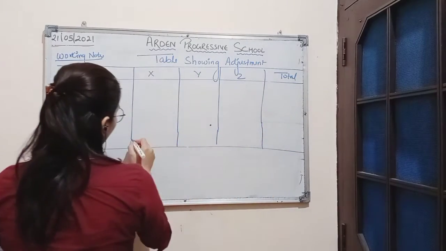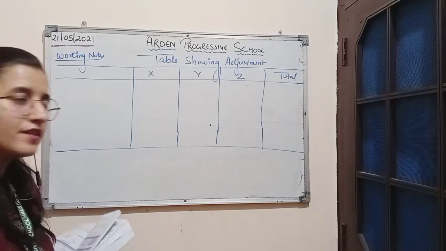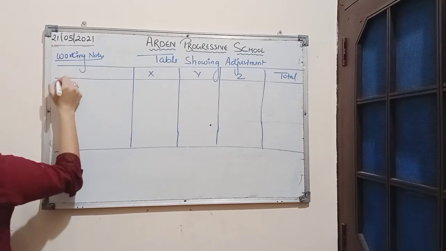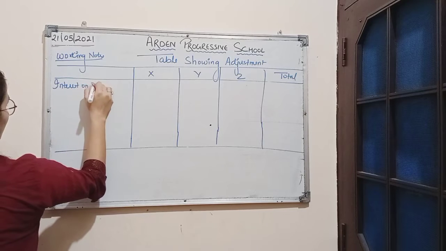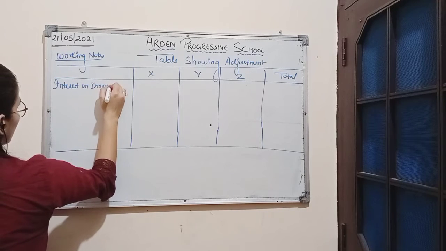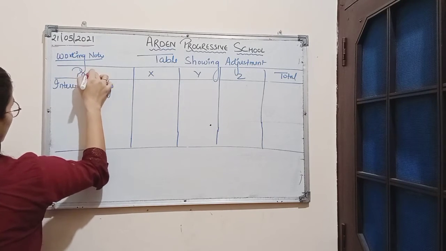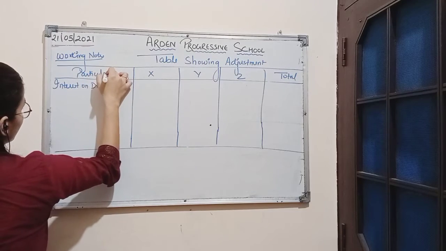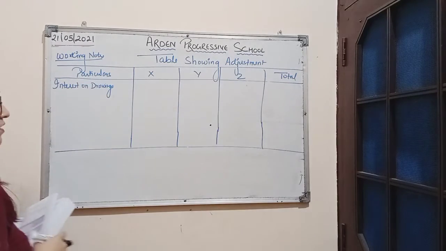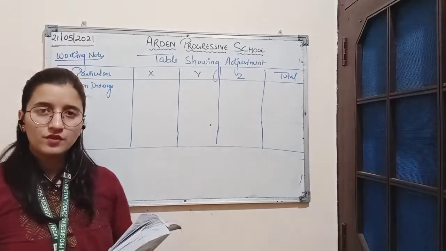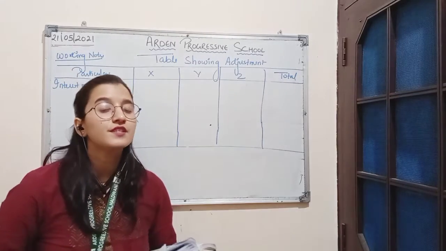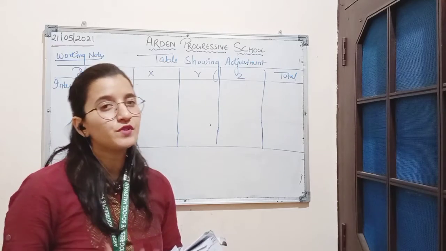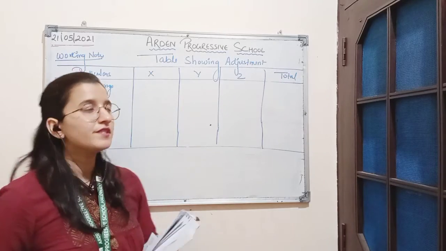Now as we know, the error is interest on drawings. This is the particulars column. Here interest on drawings is considered an expense for the partners, and at the same time it is an income for the business.